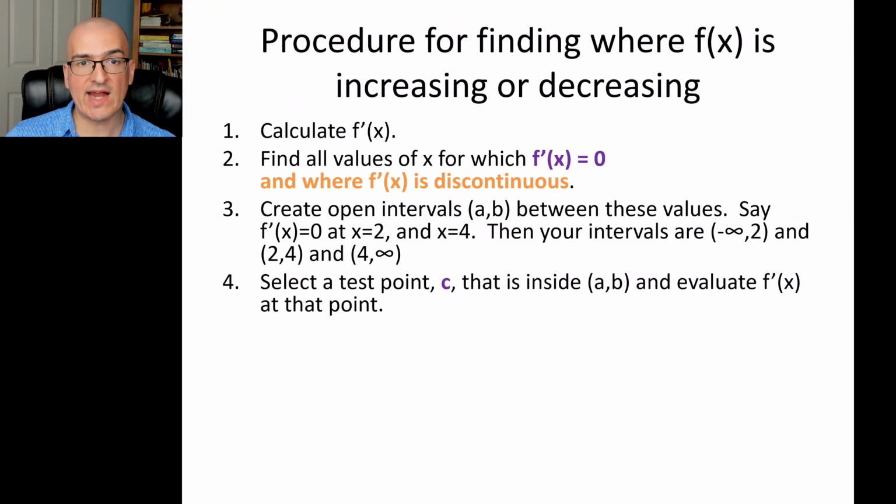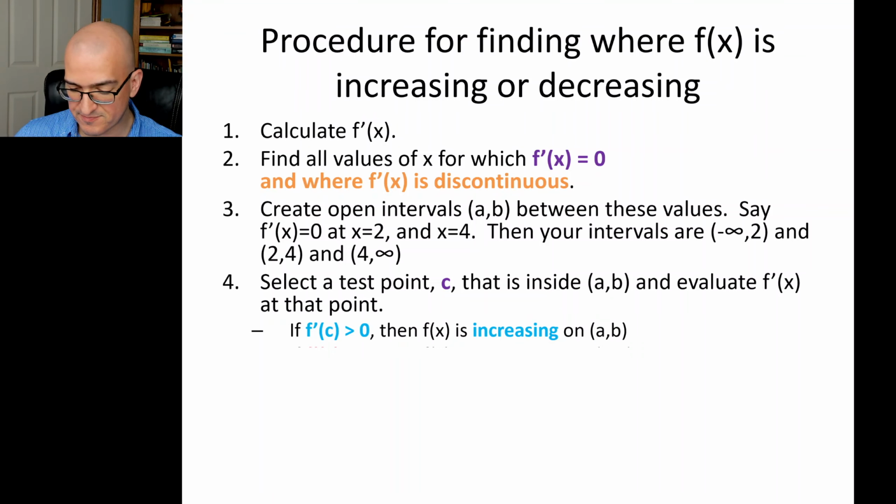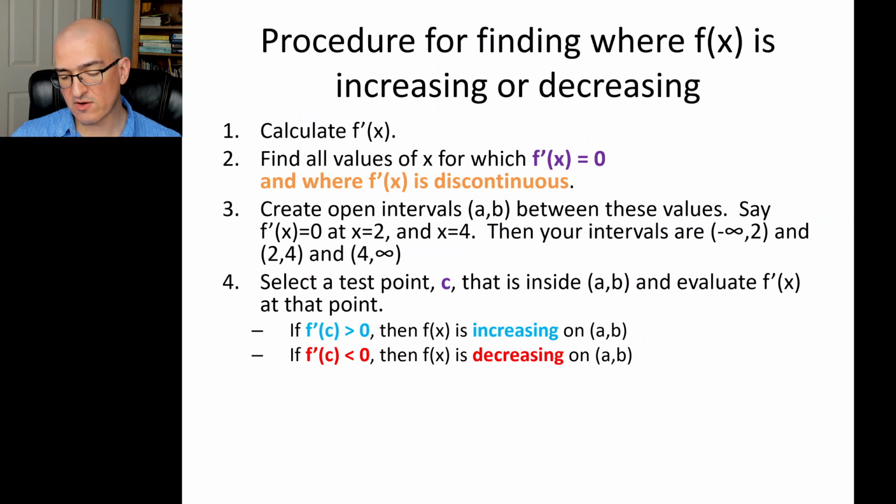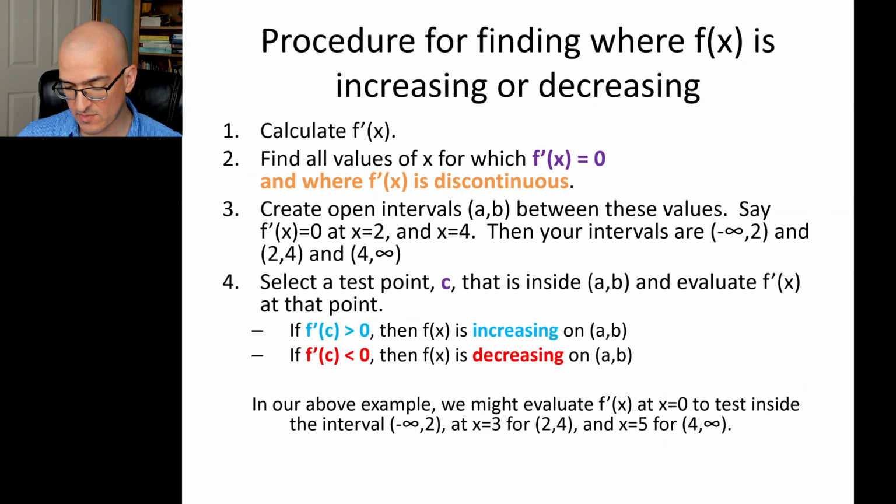We pick any number that we want inside a given region, plug it into the derivative, and we check, is the outcome positive or is the outcome negative? If the outcome of that evaluation is positive, it means the function is increasing in the entire region. If the outcome is negative, it means the function is decreasing in that entire region. And ignore the text. It's best to see this in action through an example.